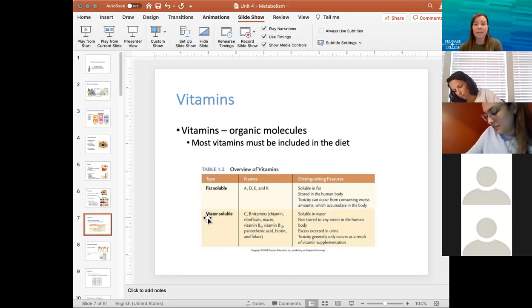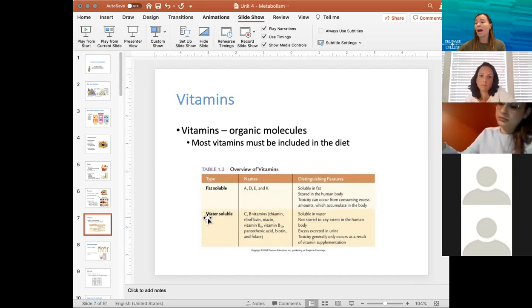Okay, so basically any excess amount of these vitamins that your body doesn't use right away doesn't get stored. It gets excreted from the body. The other type of vitamin are the fat or lipid soluble vitamins.